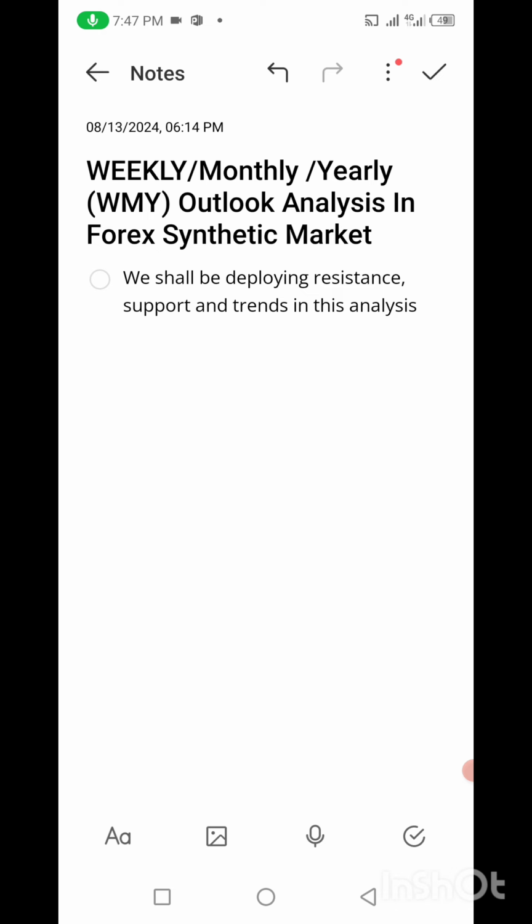We shall be deploying resistance, support and trends in the analysis. I will start with the synthetic market and quickly jump to the forex market, and we generalize how this analysis is going to help you go far in making steady profit in the forex synthetic market.